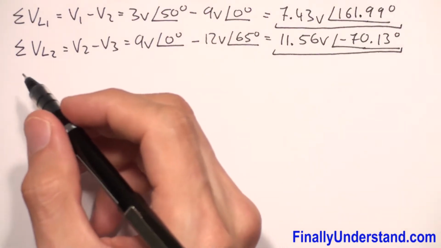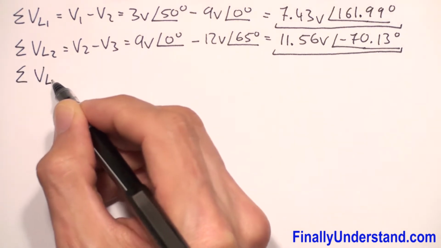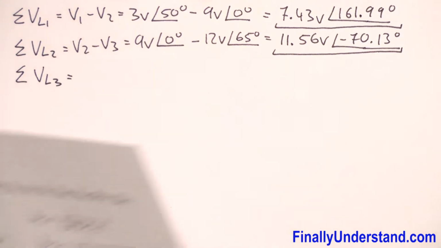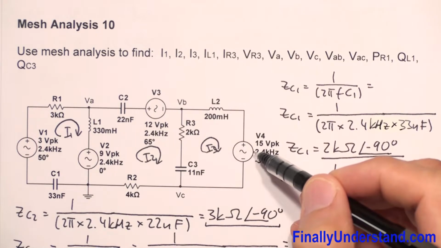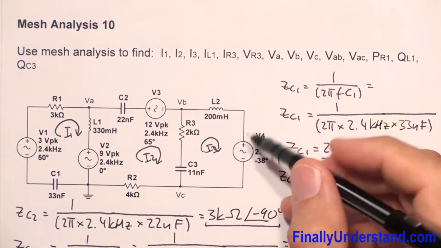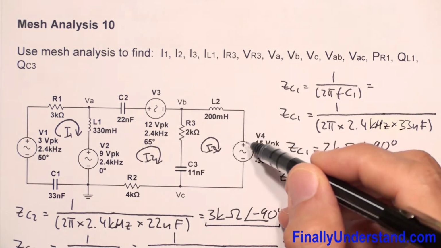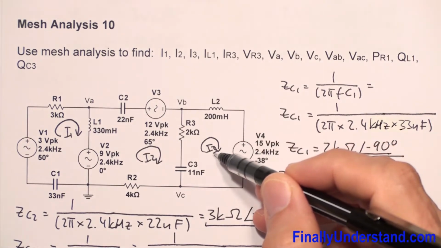Next, we're supposed to find the sum of the voltages in loop 3. In loop 3 we have just one voltage source. This voltage source is going to push the current up, and this current is going to go in the opposite direction to I3.